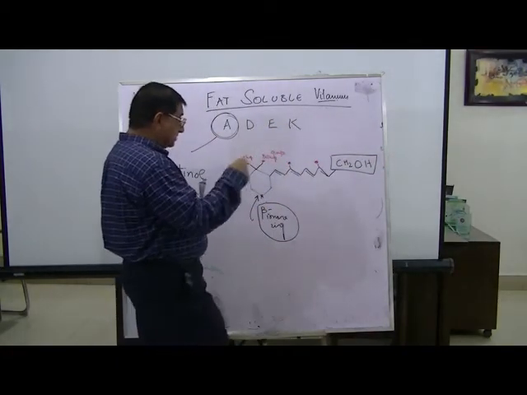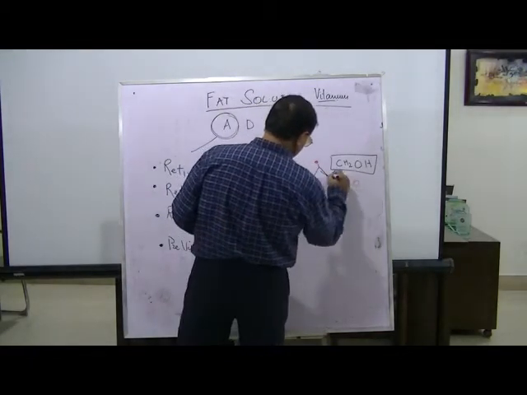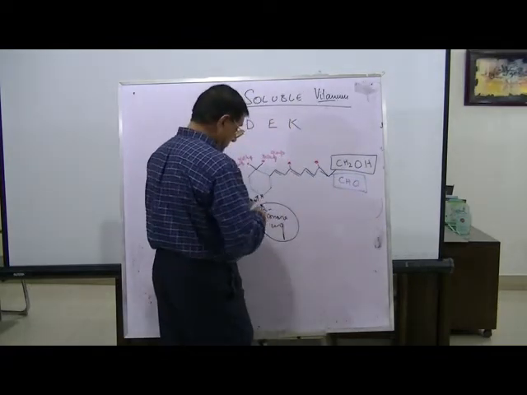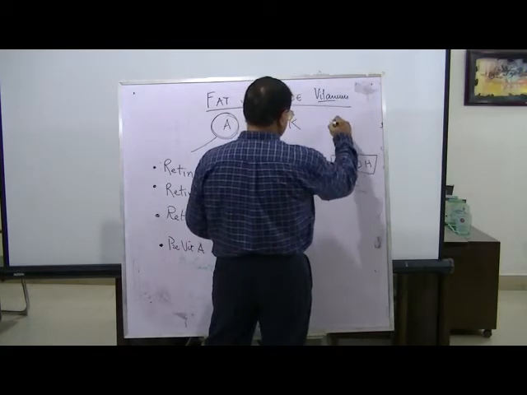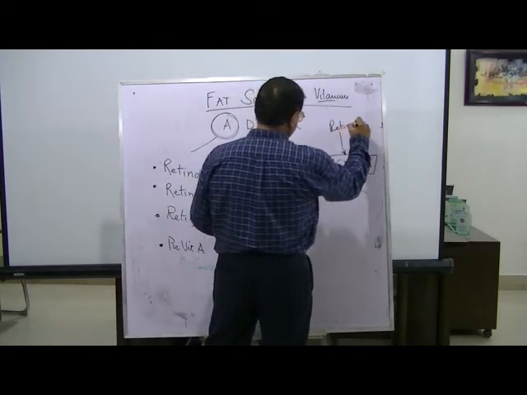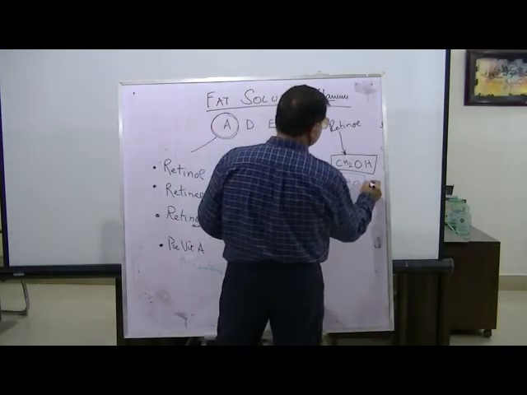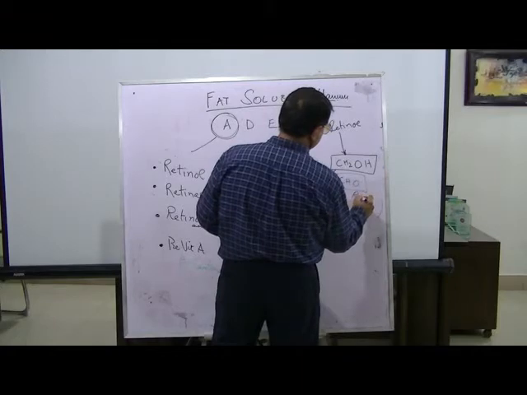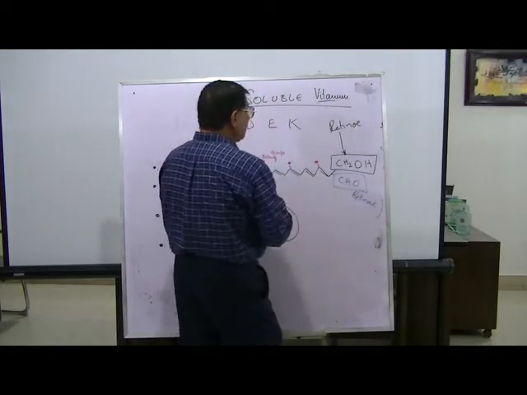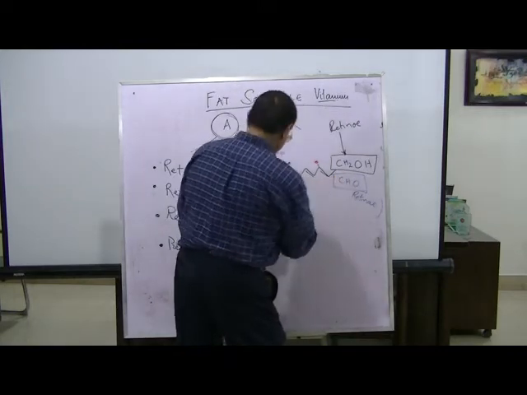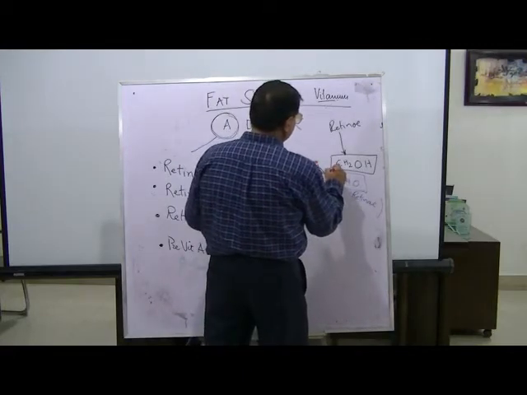Now, if in this place it is CHO, this is called retinal. And if it is COOH, this whole attachment is over here, this carbon.